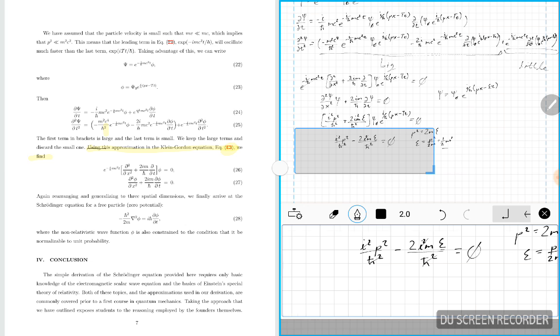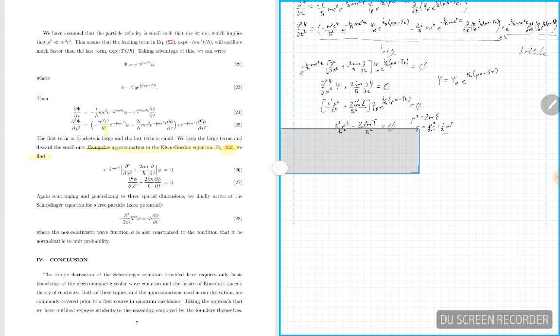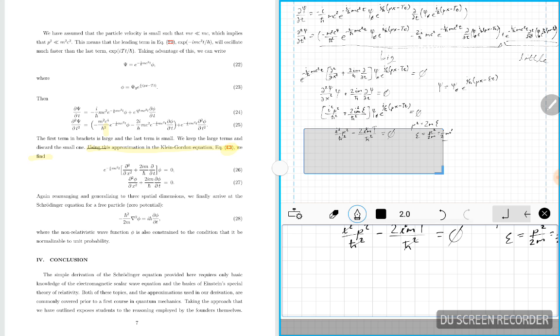T. There we go. So it's just our way of checking to see if this is okay or not. And it checks out that this is okay.